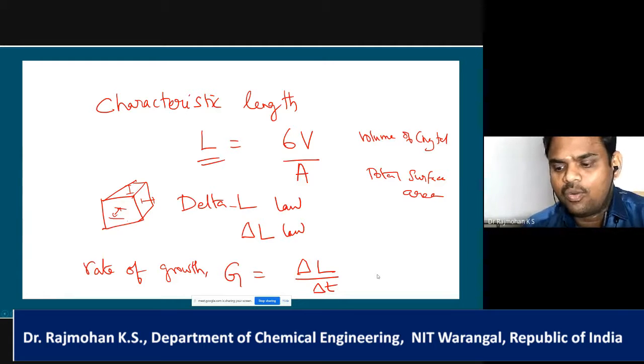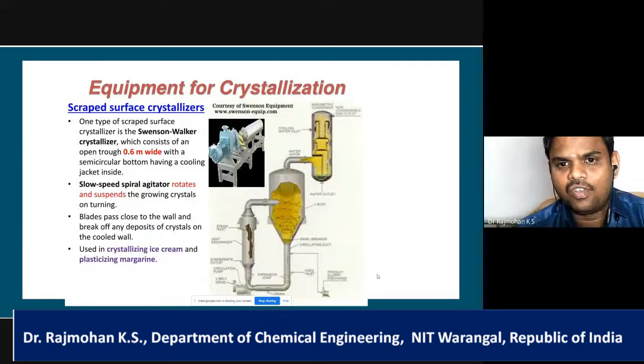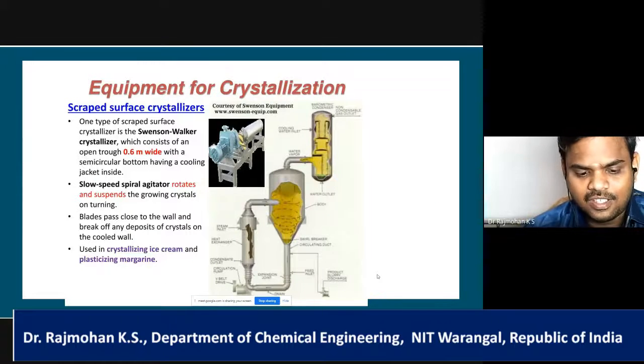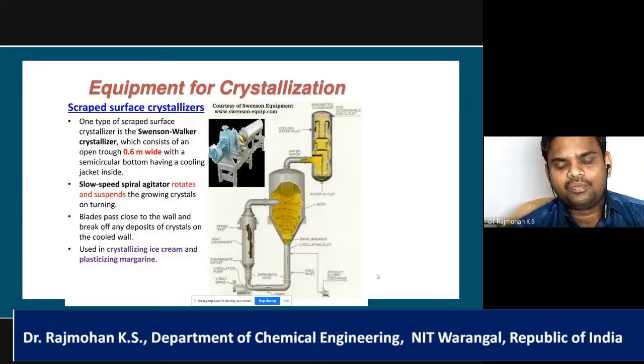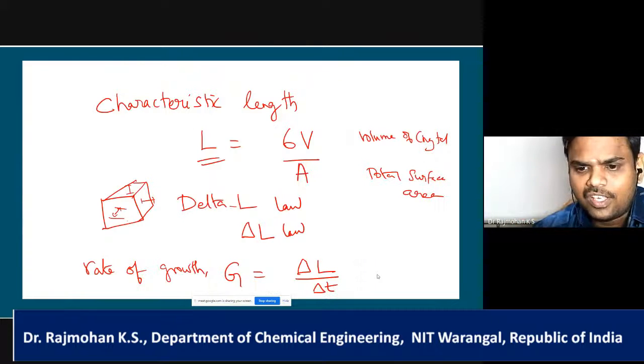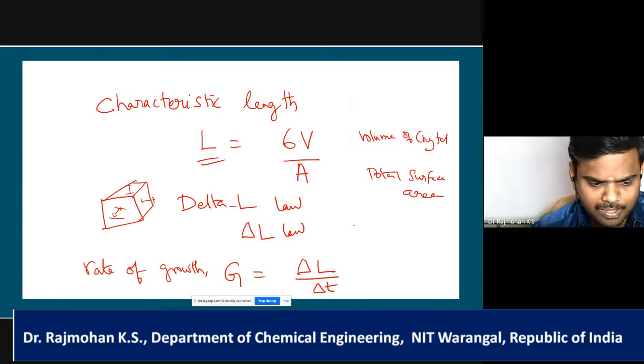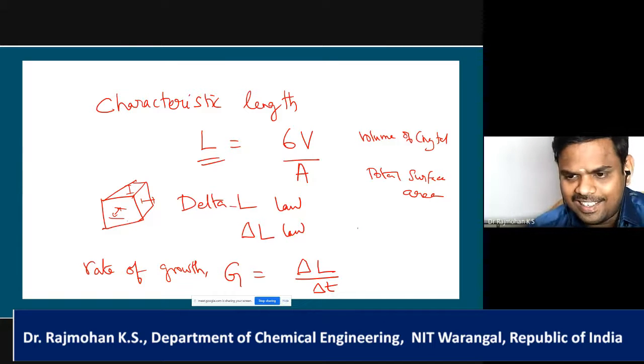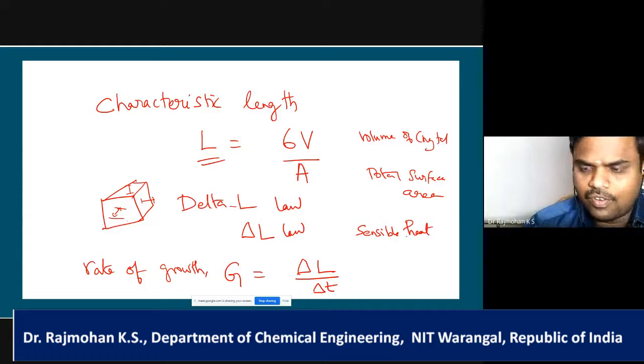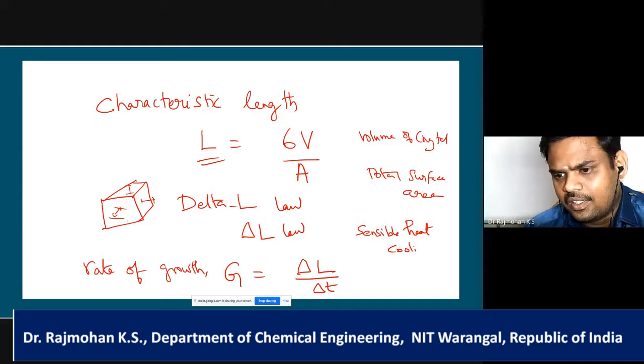If you are looking to design crystallizers, various methods are used. One method is calculating the sensible heat required for cooling or heating, because we have a feed at a different temperature, which is being reduced.